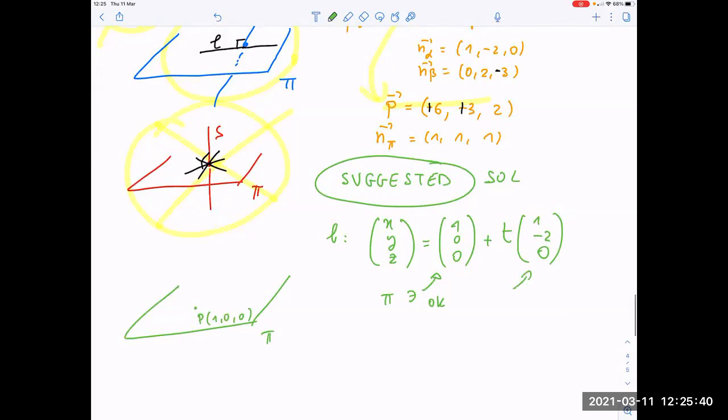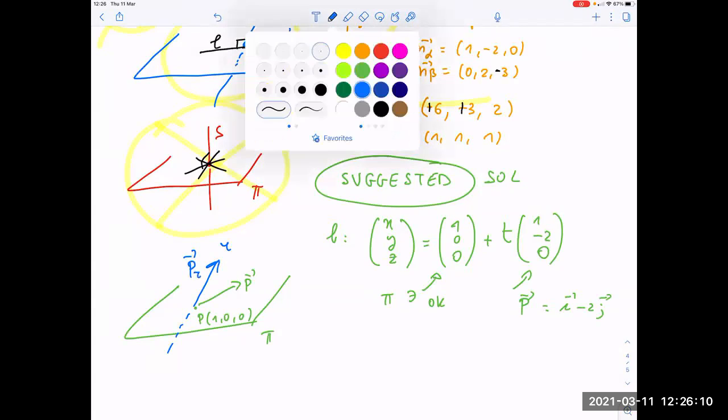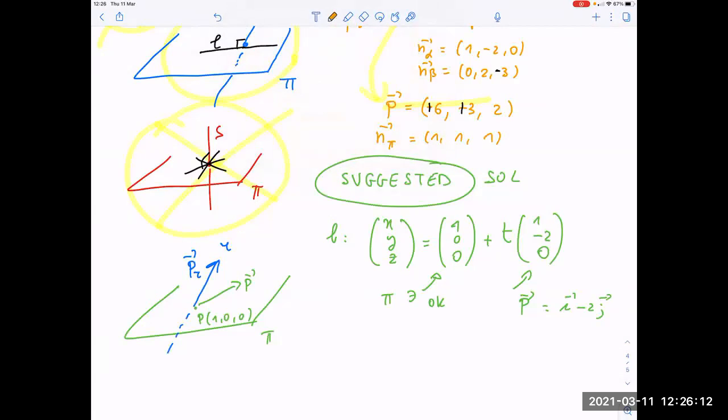Then in this suggested solution, there is a vector P, here it is, which is the vector i minus 2j, okay? And now what we need to ask ourselves is, how is this vector with respect to the line R, or if you prefer, with respect to the direction vector of the line R. So let's call this PR.